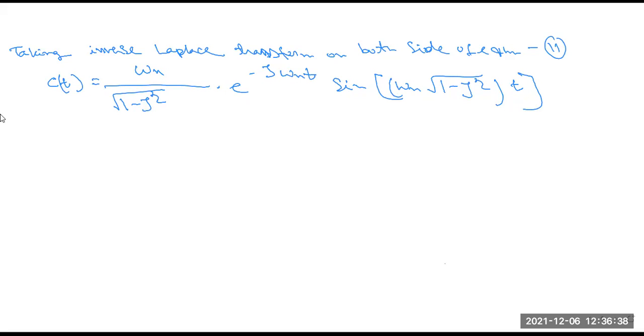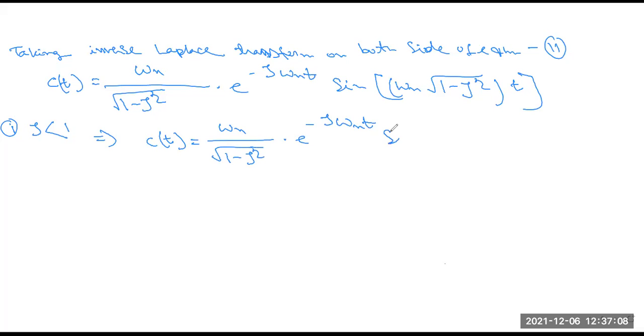When the damping factor is less than 1, we write the equation C(t) equal to omega n by root over of 1 minus zeta square into e to the power minus zeta omega n t into sine omega n root over of 1 minus zeta square into t.